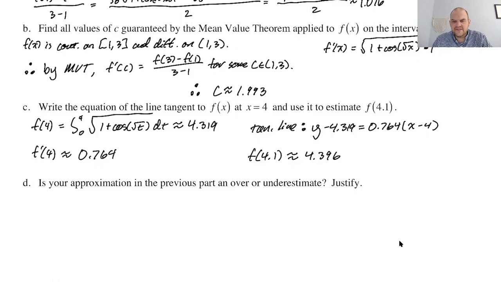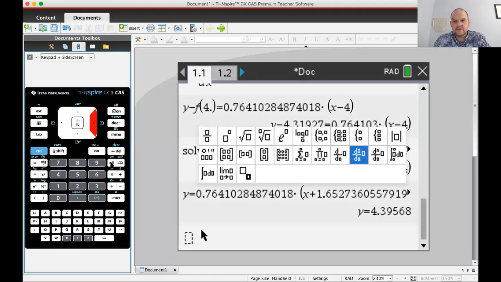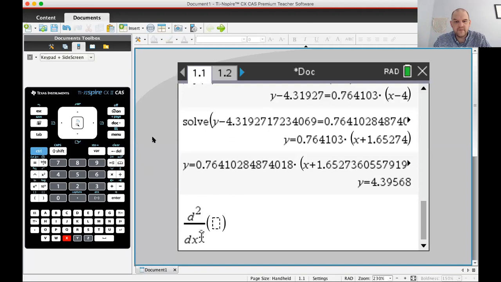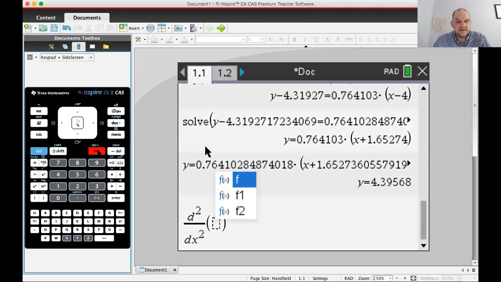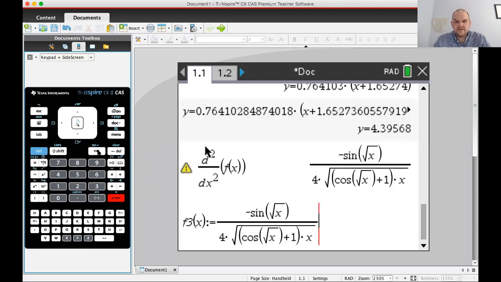So we're going to need the second derivative. We can do two things. We could either just find the derivative of one of the derivatives that we found, or we could go straight there. So I'm going to go straight there. Use the second derivative template with respect to x of, press the var key to get f of x, and see what we get. I'm going to store this as f3 of x, so colon equals, and then this answer.